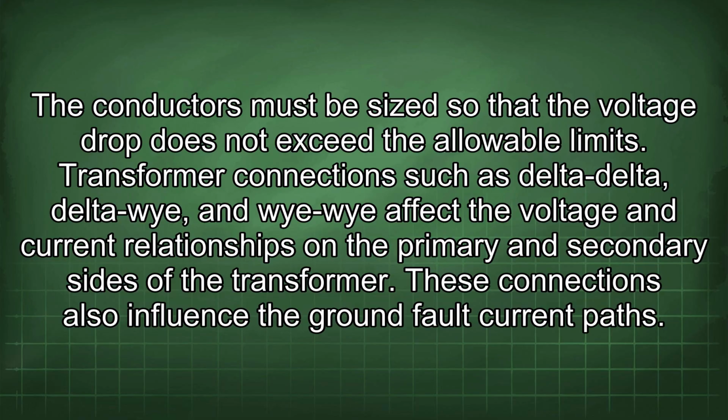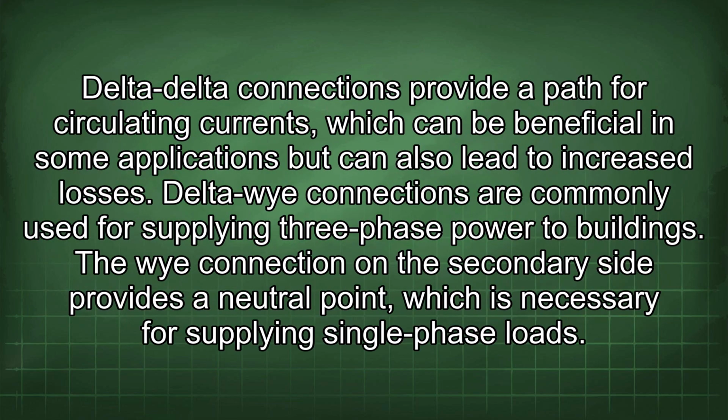Transformer connections such as delta-delta, delta-Y, and Y-Y affect the voltage and current relationships on the primary and secondary sides of the transformer. These connections also influence the ground fault current paths. Delta-delta connections provide a path for circulating currents, which can be beneficial in some applications but can also lead to increased losses.